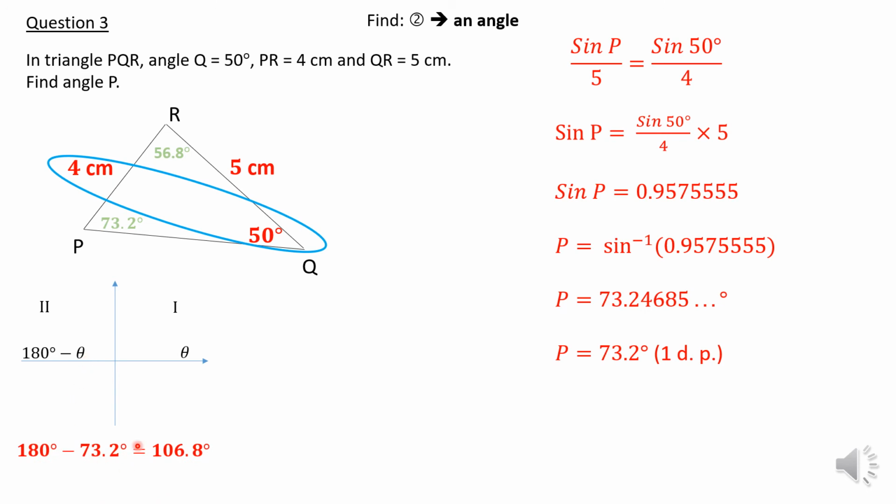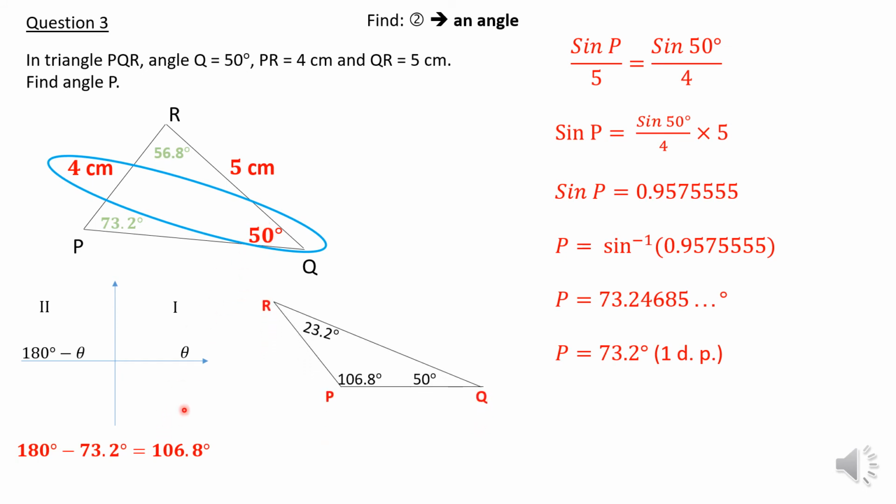Once I subtract my angle of 73.2 from 180, I get 106.8. Now, if I want to make sure that 106.8 is also a solution, you take your calculator and add 106.8 to the 50 degrees that you were given. If the answer is less than 180, then you have two solutions here.